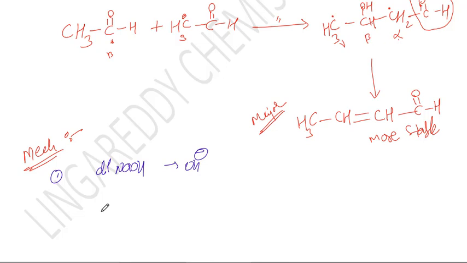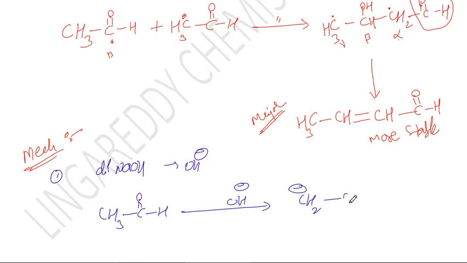This OH minus reacts with the aldehyde, takes H plus and produces a carbanion. Here these alpha hydrogens are there, so these alpha hydrogens are active hydrogens.